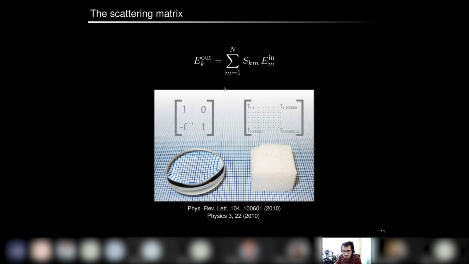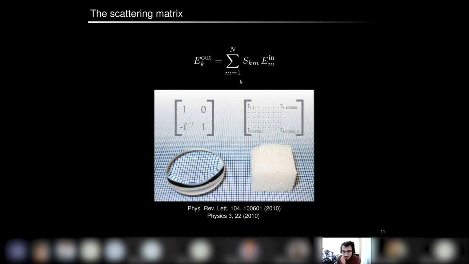The very interesting thing about this formalism is that you can experimentally measure these coefficients. And once they are measured, you can predict for any incident field that you like how the outgoing field would look. So it's a very convenient formalism.